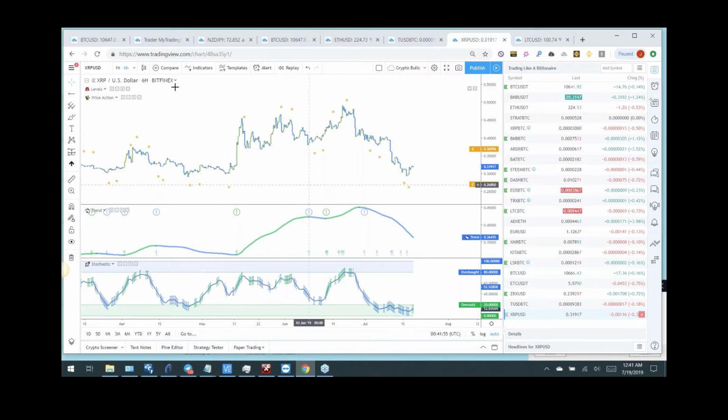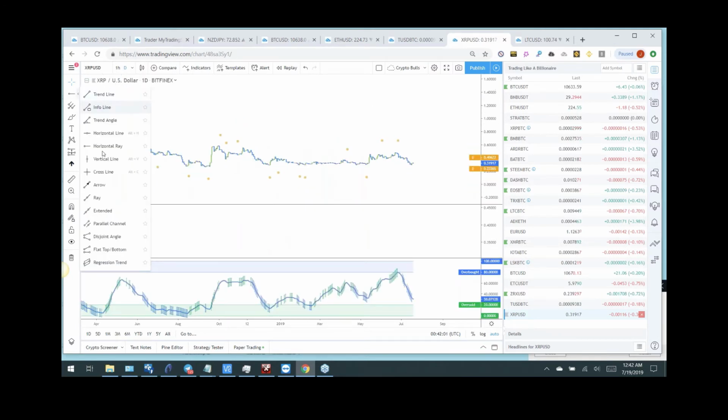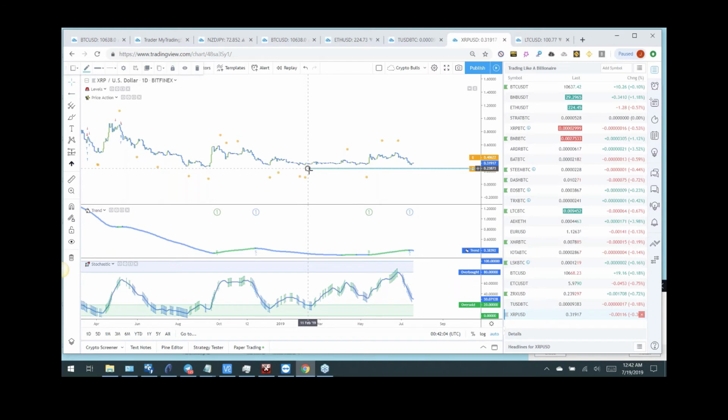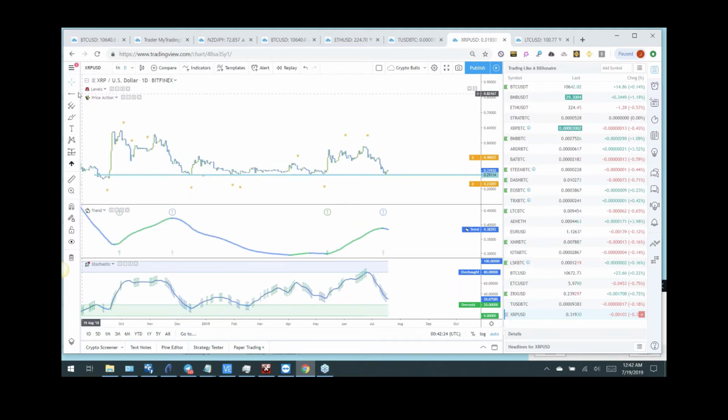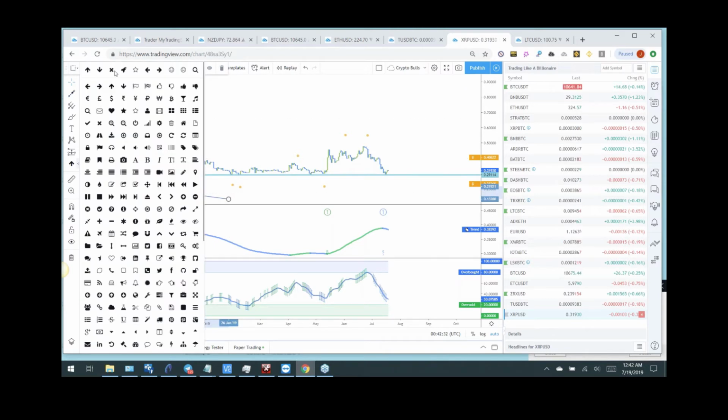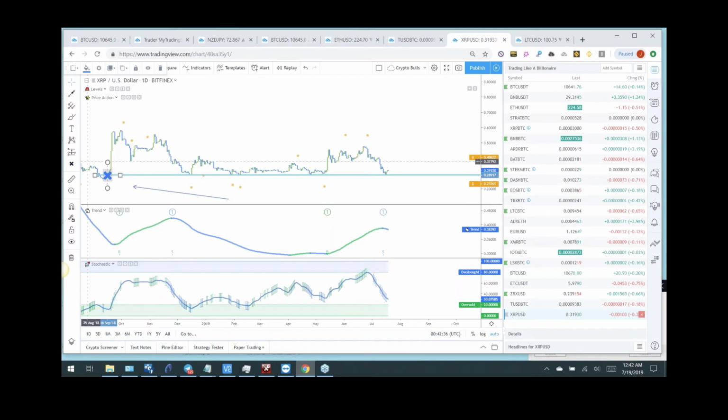So there's like this floor for some reason. It doesn't seem like it can get through. So it's going to be interesting on this one when it comes back down to this level, of whether or not this level will hold.